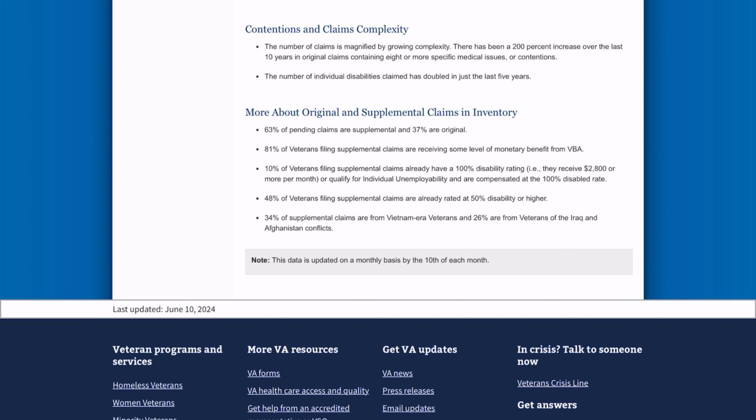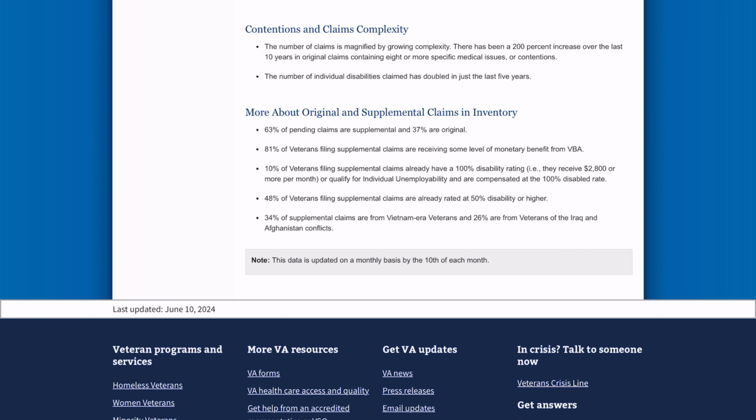Because you can file for an original claim and be 0% rated, receive no compensation, and then still stack a supplemental on top of that if it's all connected and provable, right? So 81% are getting at least 10%, and the other 19, I assume, are probably getting 0%. They've got a 0% claim out there and they're adding a supplemental on top of it.